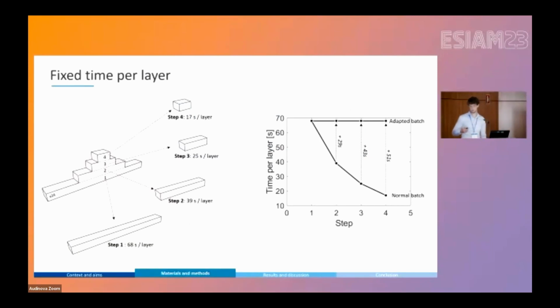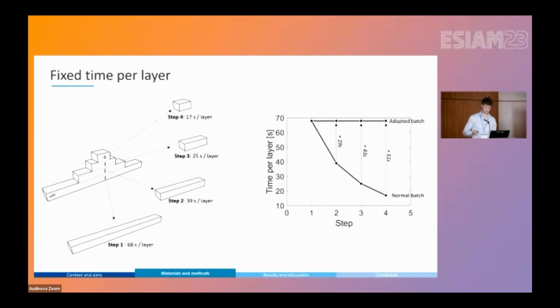So the idea at the beginning of this work was that when we build such a structure, for example, on the top of the structure, the laser will come back on each layer too fast, and then the top of the structure will be too hot, so that we will have a really huge drifting effect.